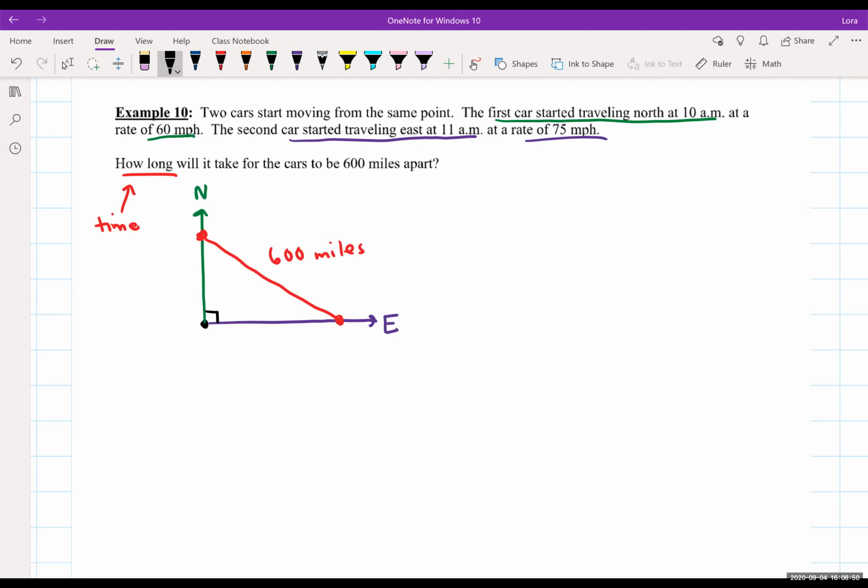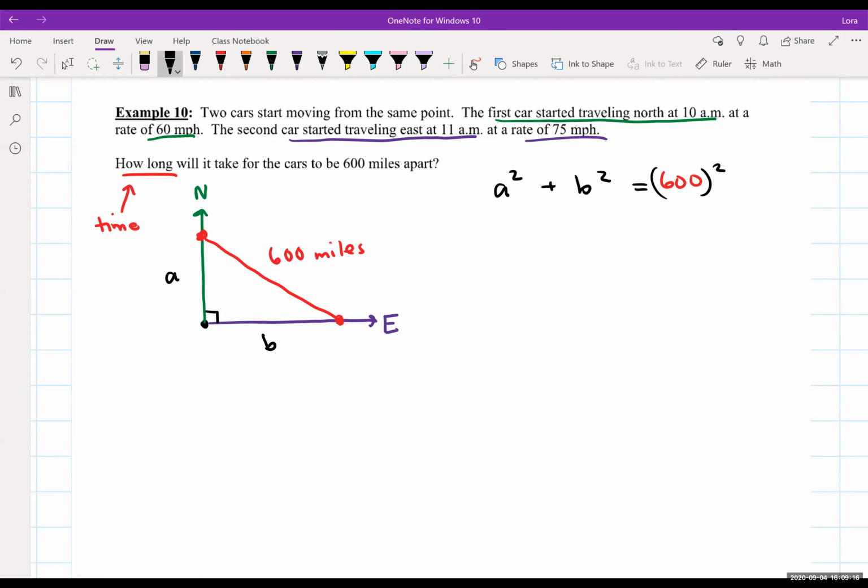Well, we do have an idea: a squared plus b squared, where one's a, one's b, is going to equal 600 miles squared, or just say 600 squared. So we at least have an idea of how we want to approach this. But we need to come up with some sort of numbers or expression for a and b.